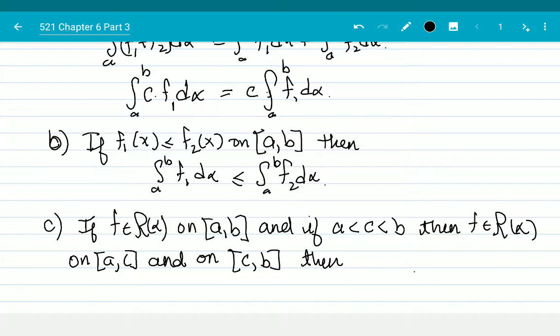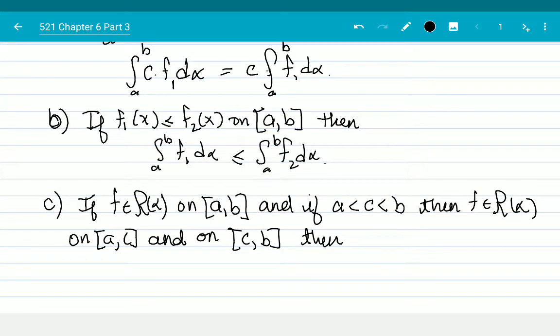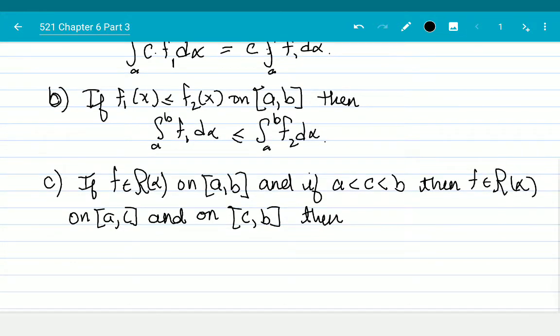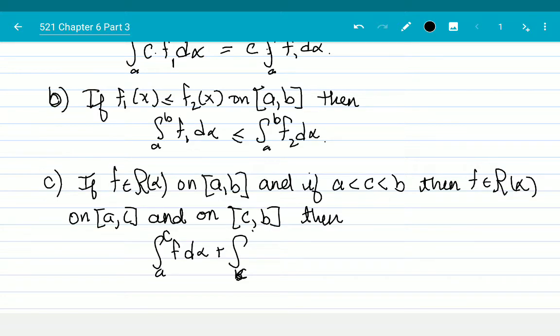We already assumed that it belongs to R alpha on the entire [a,b]. So the integral from a to c of f d alpha plus the integral from c to b of f d alpha is equal to the integral from a to b of f d alpha. Okay?